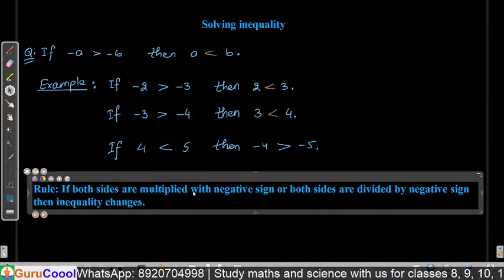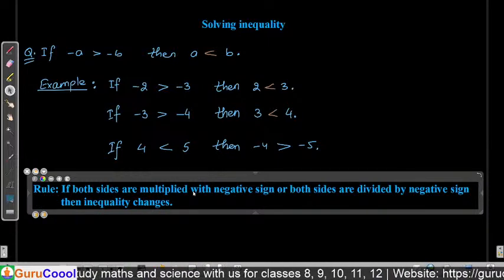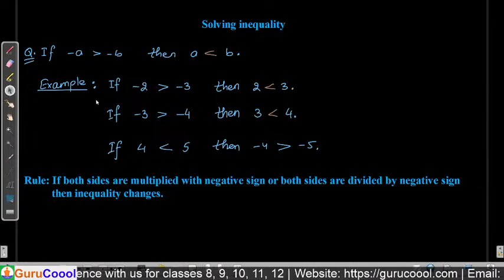Does this make sense? So this is one rule for solving inequality.